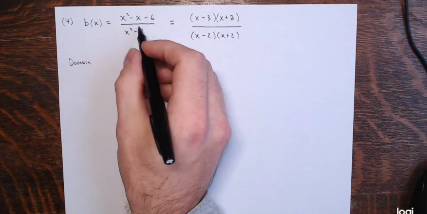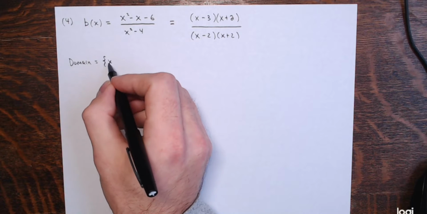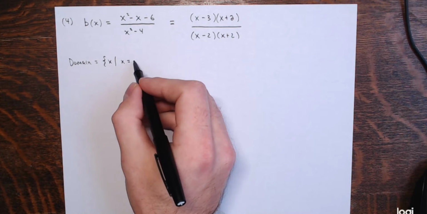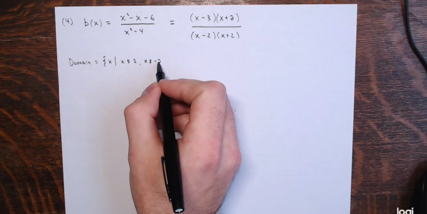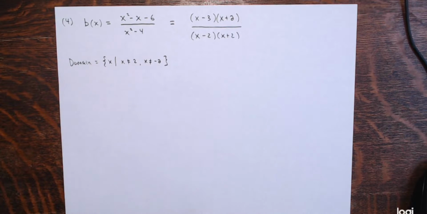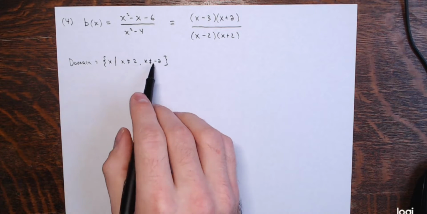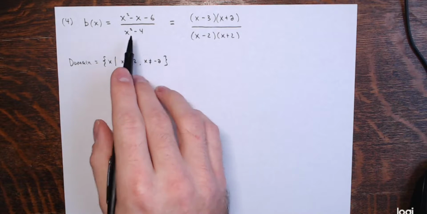Because the way they gave it to me, I can use any value of x I want except 2 and -2. Those are the values that can't be plugged in for x the way they gave me the function, the way it looks in the beginning, as if I plug in either of these two, the denominator is going to be 0.